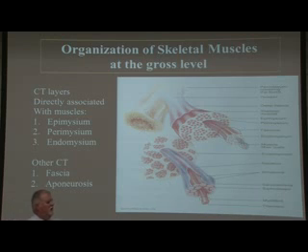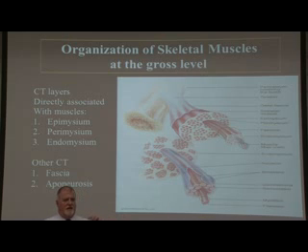Now, the way muscles work is that we have to be able to do different amounts of contraction. If I only want to flex my wrist part way versus all the way, I have to be able to do that, because muscle cells cannot do a partial contraction. If I stimulate a muscle cell, it is either going to contract fully or not contract.